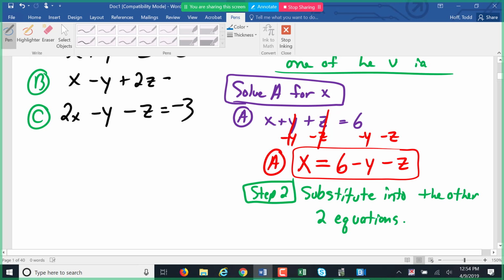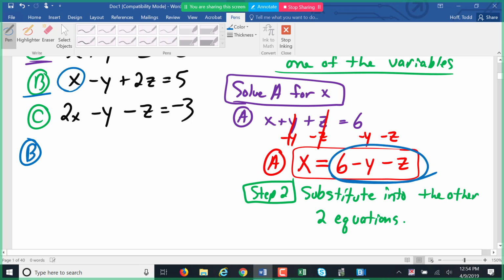So let's come back up here. Equation B. I'm going to replace x with 6 minus y minus z. Then I still have minus y plus 2z equals 5.